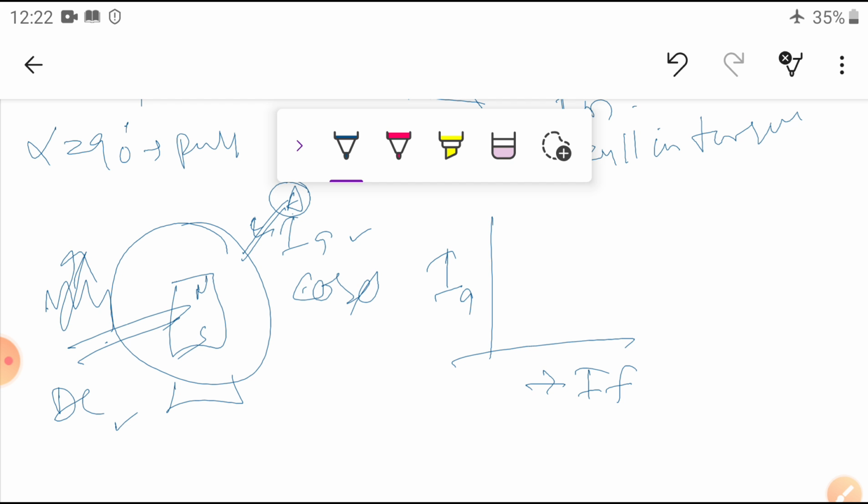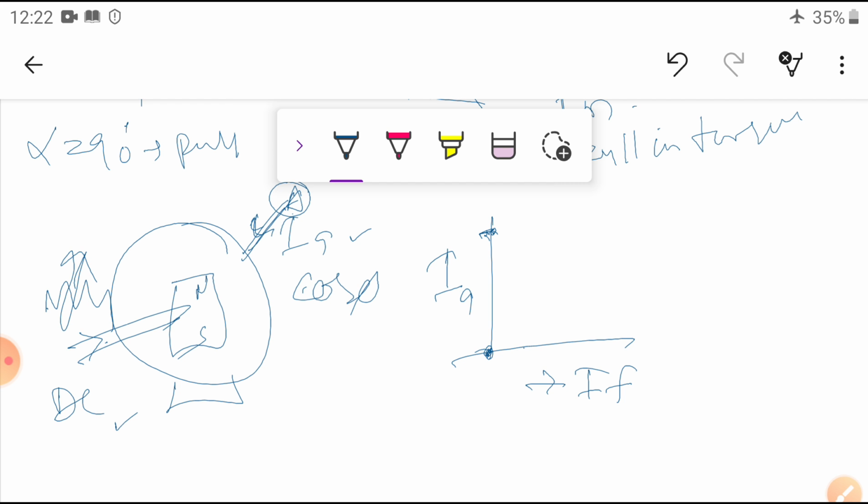Similarly, initially the field current is 0 and the armature current is very high. Please concentrate on this one. Once the field current is minimum at this position, the armature current drawn from the supply is very high.